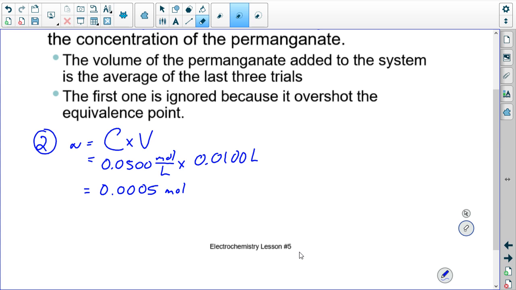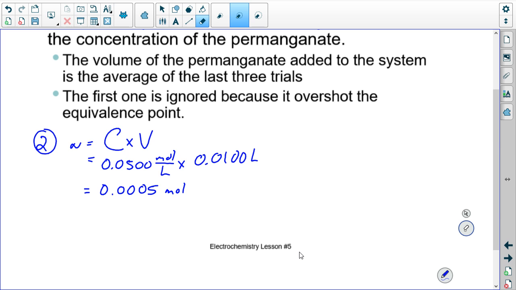If I've got my math right, I'm going to have 0.0005. It really bothers me that I'm having problems with that. Never mind. Which your calculator spits out is 5 times 10 to the negative 4 probably. So step 2, find the number of moles of what you know.